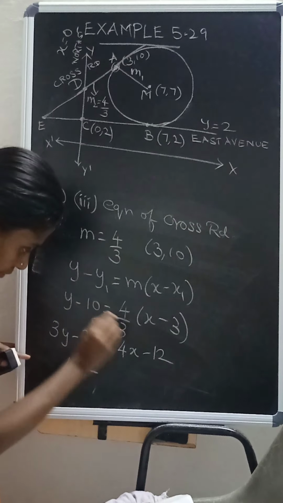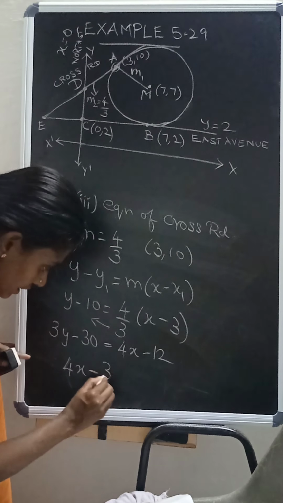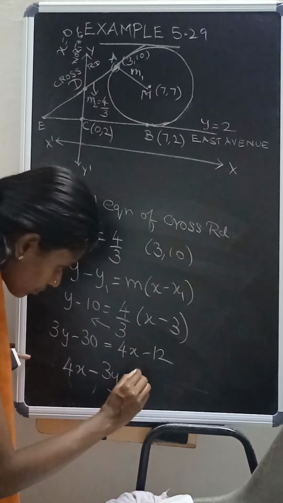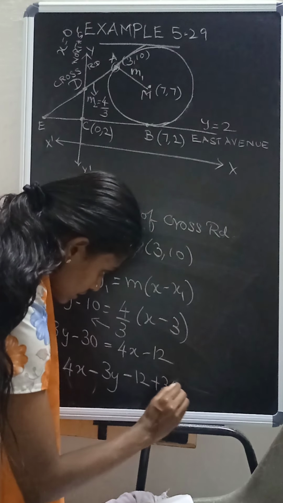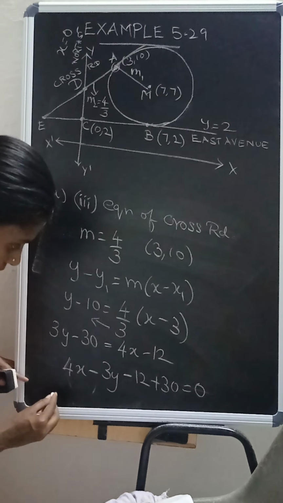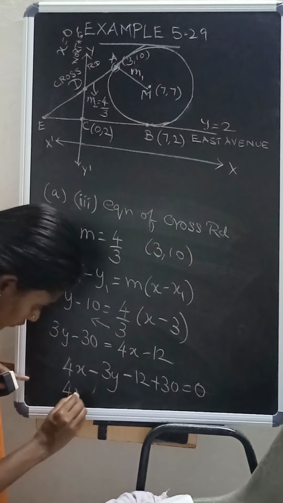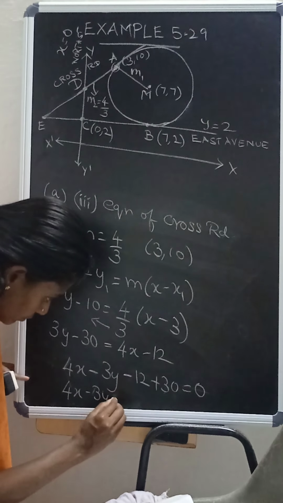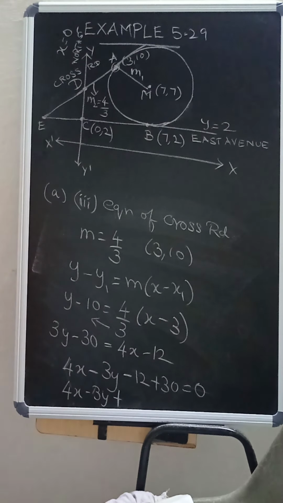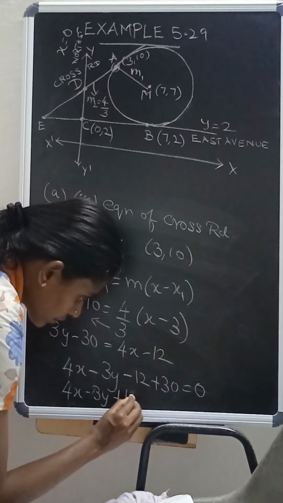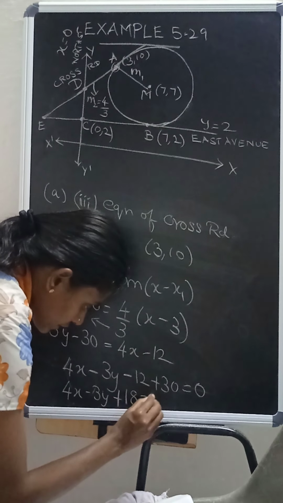Bringing this to the right side, 4x minus 3y minus 12 plus 30 is equal to 0.